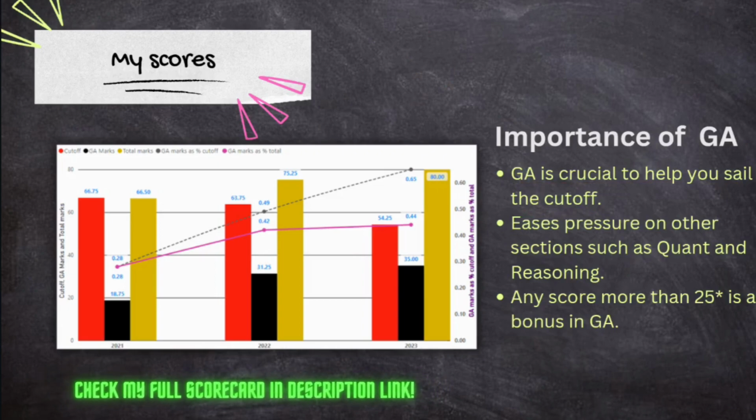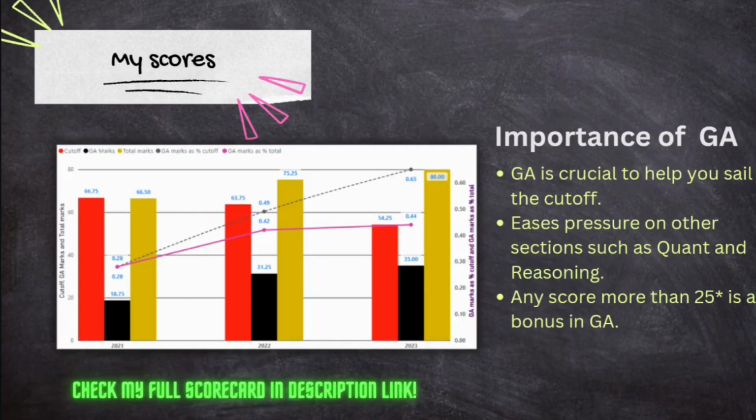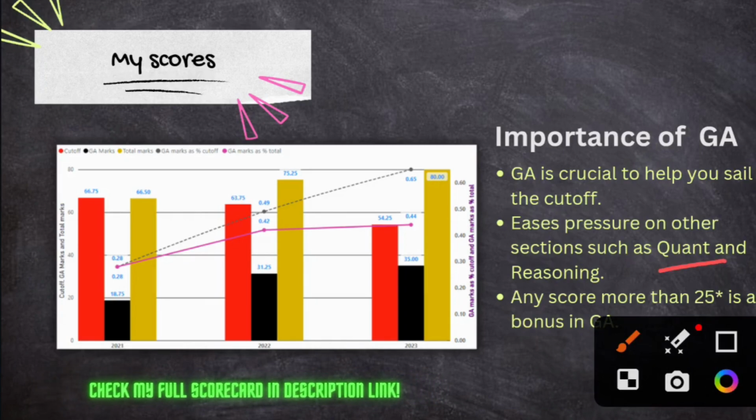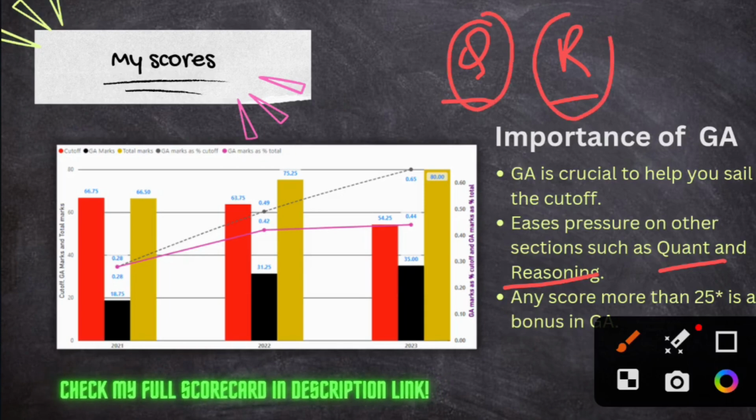Secondly, if you are in the race for the cutoff and you score high in your GA part, this will help ease pressure on the quant and reasoning sections. Quant and reasoning are two sections which are very dicey and very uncertain.